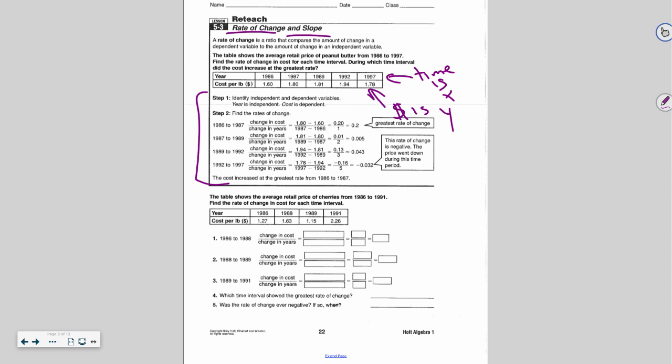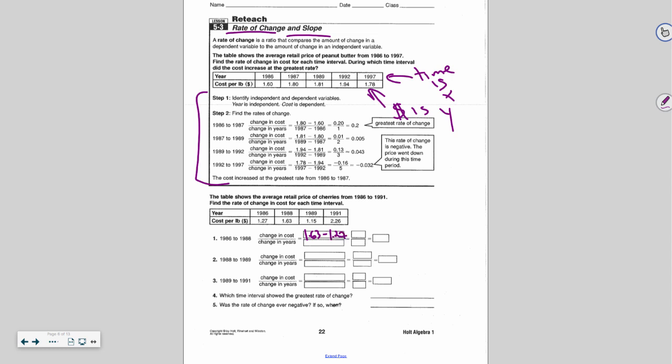So in the example, you find the rate of change between 86 and 88. So you would plug in the change in cost. In 88, it's $1.63, and in 86, it's $1.27.